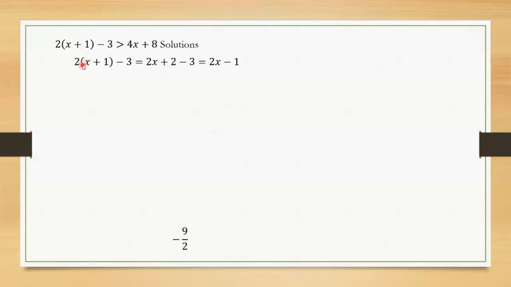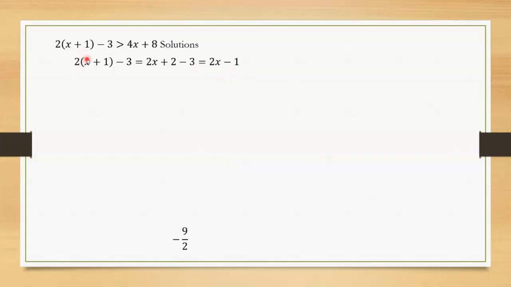All right. So again, notice not on the right side, but on the left side here, we can simplify a bit. Namely, on the left side, we have 2 times x plus 1 minus 3. We could distribute the 2 and then combine to get this.